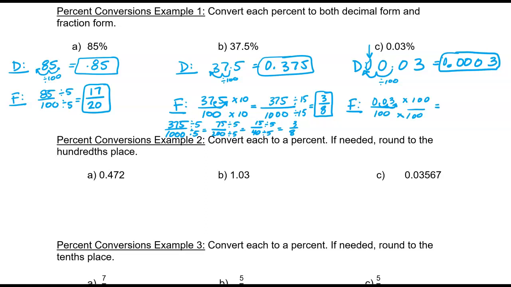And so moving the decimal 2 places to the right gives me a 3 on the top, and then on the bottom it gives me a 1 with 4 zeros. And then 3 and 1,000 don't have any common factors. That's the most reduced version of the fraction. So 3 over 1,000 is the same thing as 0.03%.